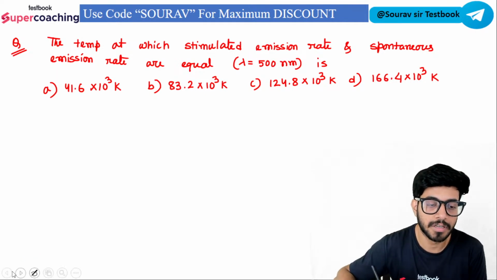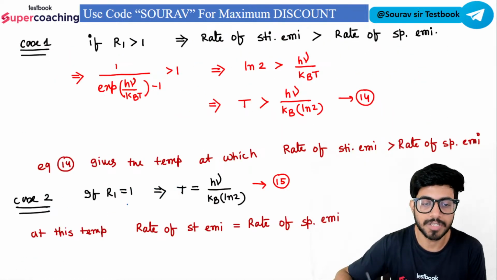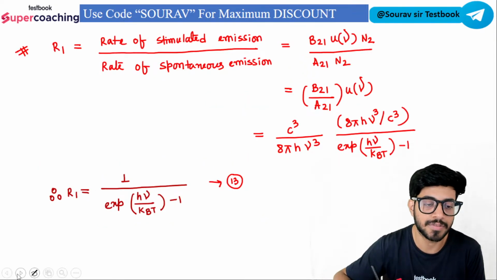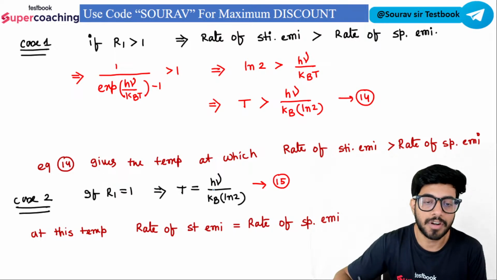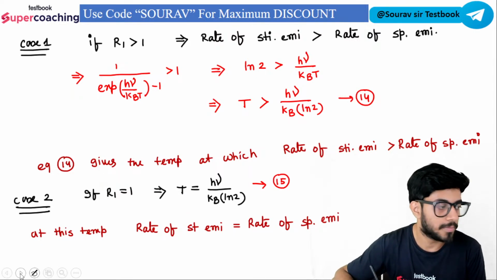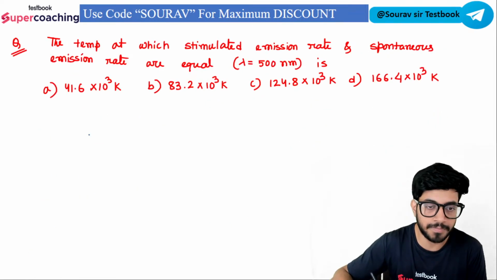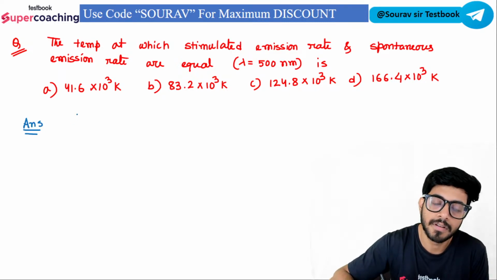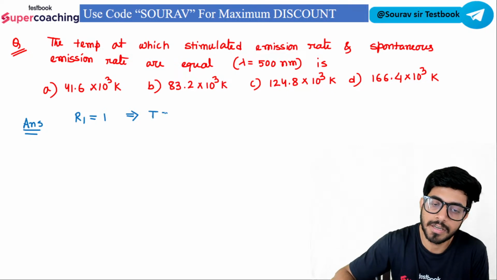How would we solve it? In the theory, in the previous class, we got to learn that R1 equals 1. R1 is obviously the ratio of the rate of stimulated emission to spontaneous emission. So R1 is equal to 1 for T equals h nu by kB ln 2. So in the answer, we can write R1 is equal to 1. That implies T equals h nu by kB into ln of 2.